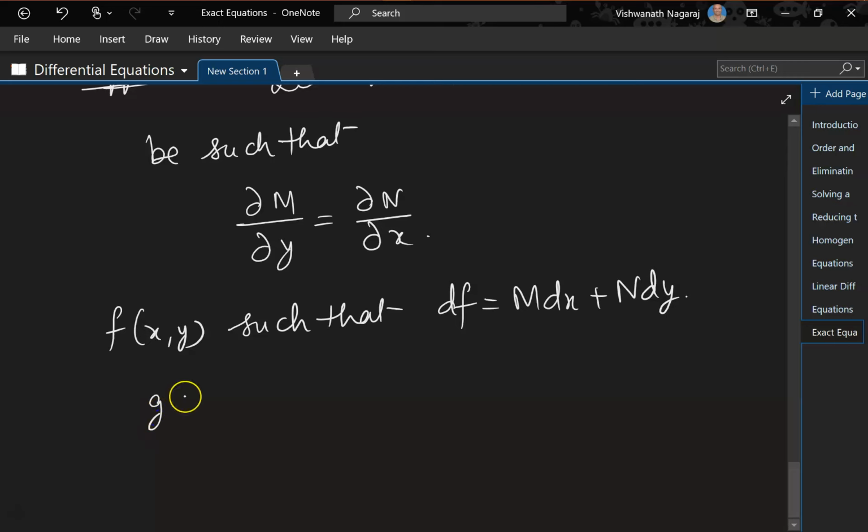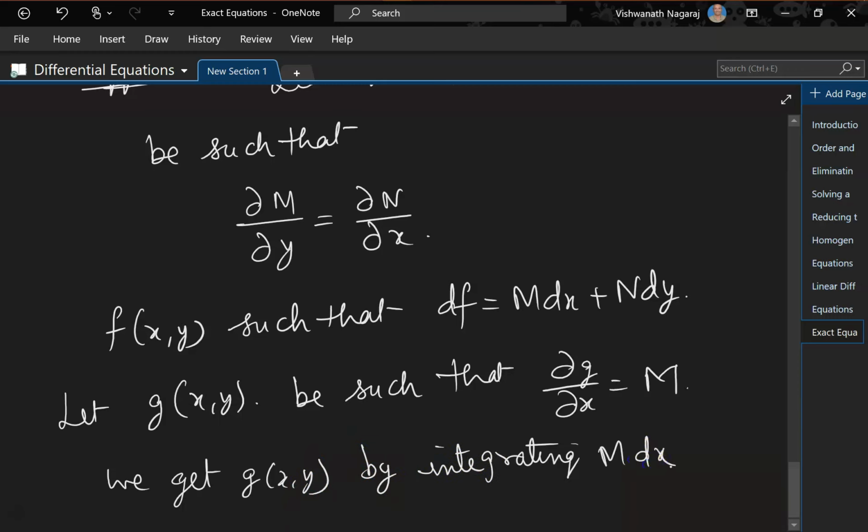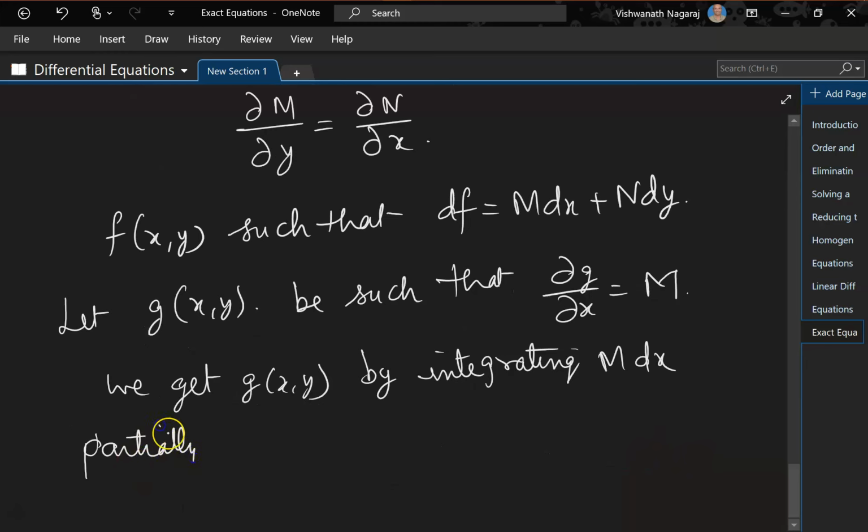So let g(x, y) be such that ∂g/∂x is equal to M. Now how do we get this g(x, y)? We get g(x, y) by integrating M dx partially with respect to x, keeping y constant.